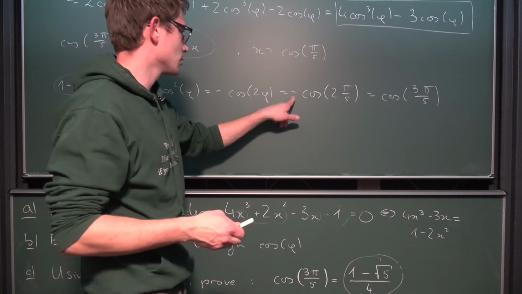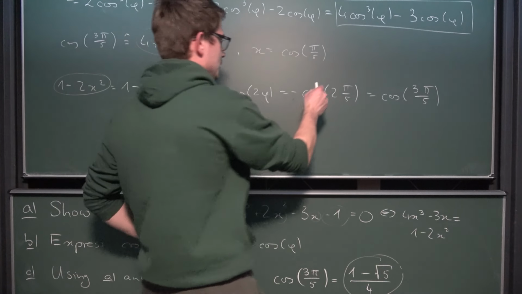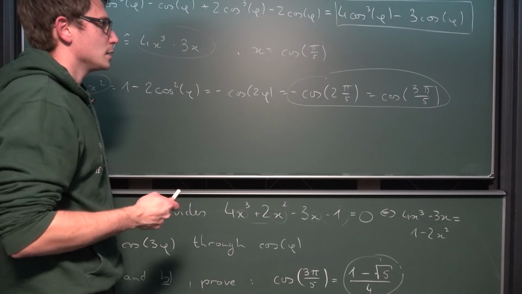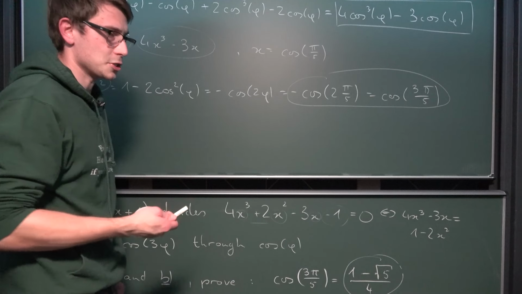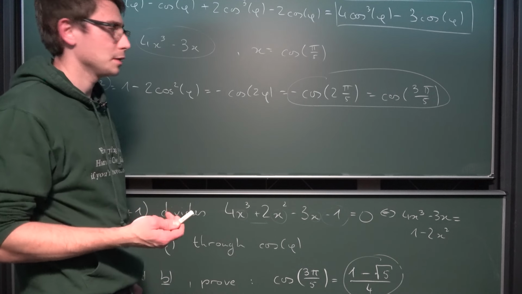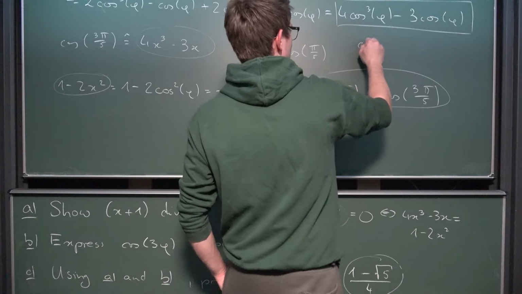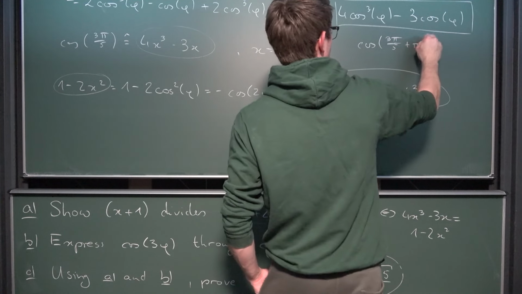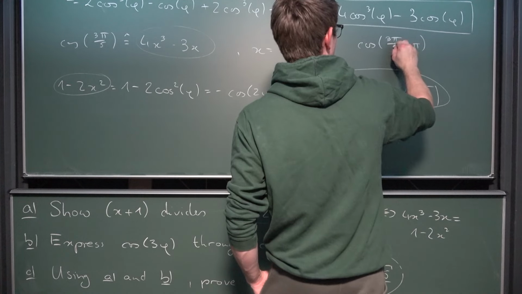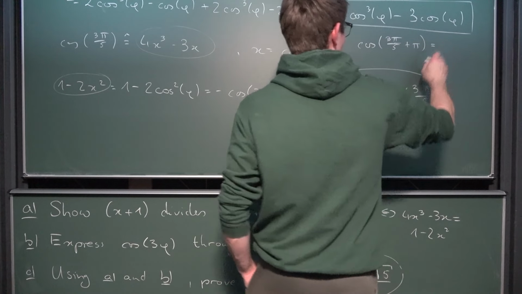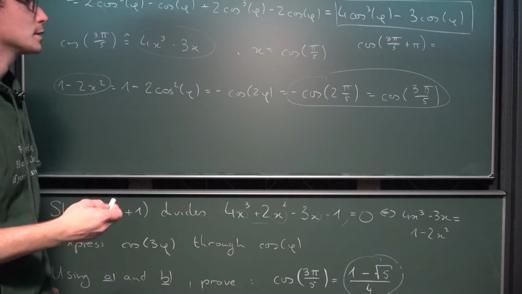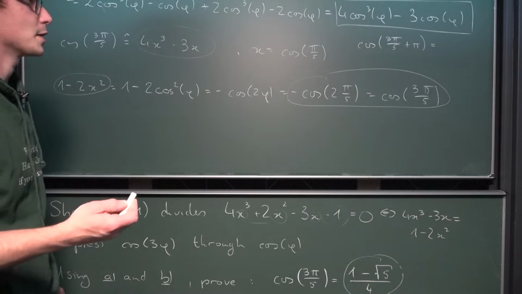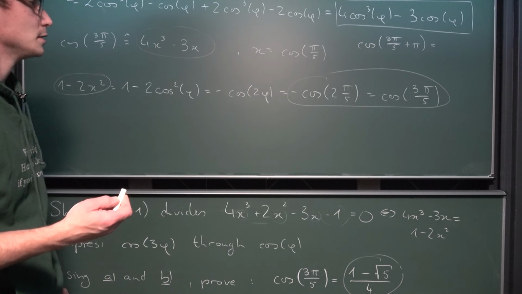So if this right here turns into the negative cosine, if we take a look at this equality right here, then that means that we had a shift by pi. So if we have the cosine of 3 pi over 5 plus pi, or minus pi, it really doesn't matter, right?